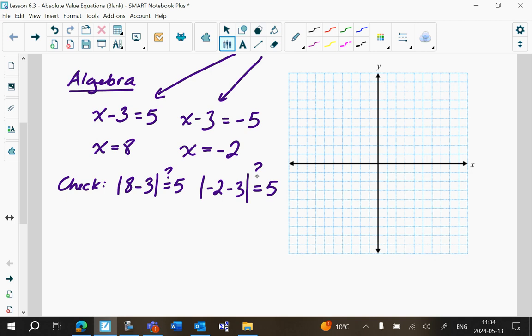Well, 8 minus 3 is 5. Absolute value is 5. Yeah, that's good. 5 equals 5. And here, -2 subtract 3 is -5, and the absolute value of -5 is +5. So that works out too. So we're all good. Both of these solutions work. So they're good answers.